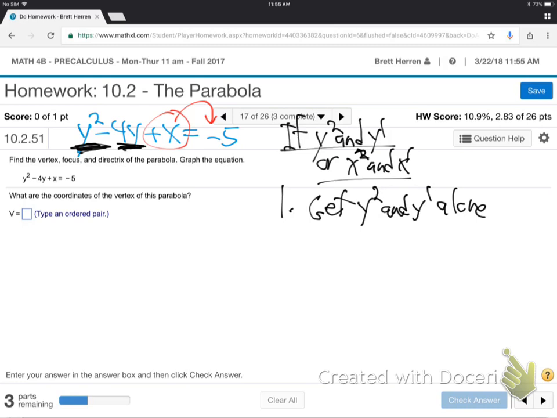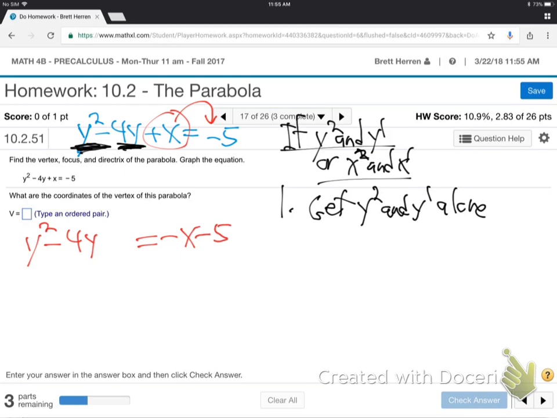Get that alone, and then find the magic number to add to both sides, right? So I add that. So it's going to become negative x, isn't it? When it jumps to the other side.